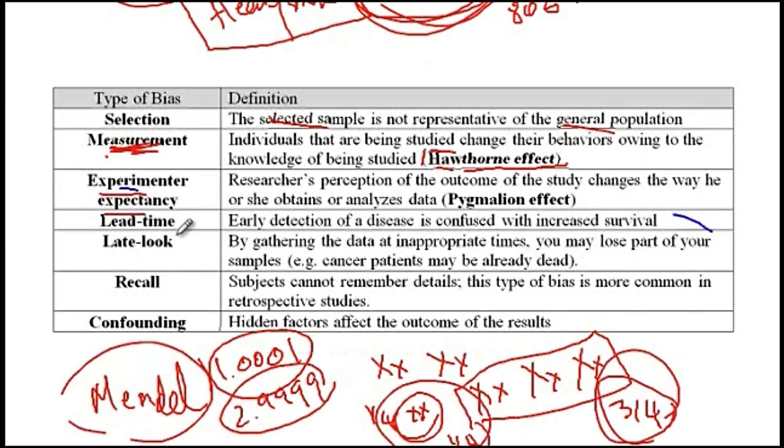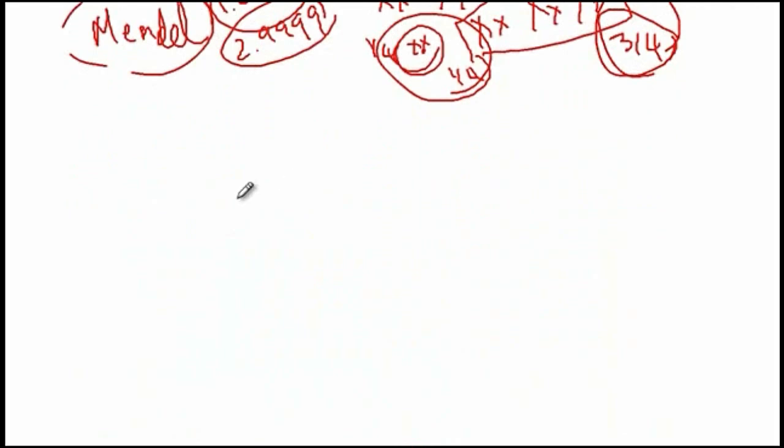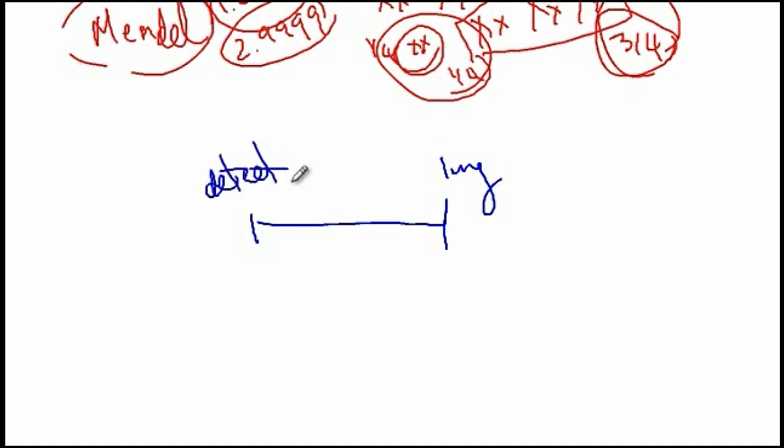Then we have the lead time bias. So let's say that we detect lung cancer usually 5 years before these patients die from that. So in 5 years they usually die. Now there is a new screening test that detects lung cancer about 10 years before death.